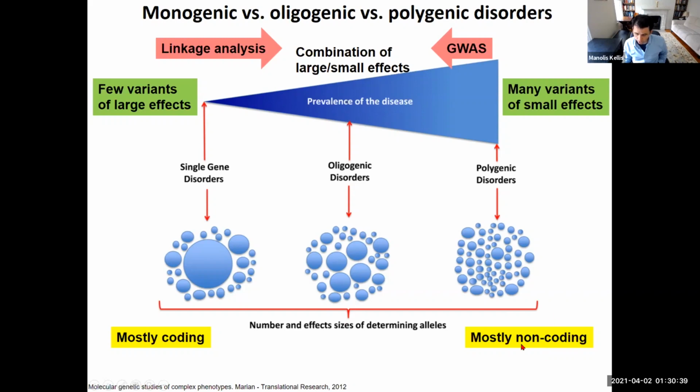These on one hand are mostly non-coding because that's how you get weak effects, by changing slightly the circuitry. And these are mostly coding because that's how you get big effects, by changing the protein directly. And more GWAS is gaining power and able to go into sort of, many, many combinations of effects.